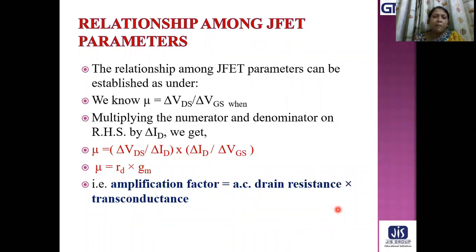Now if we multiply and divide by del ID, then mu becomes del VDS by del ID into del ID by del VGS. And we know del VDS by del ID is nothing but rd, and del ID by del VGS is nothing but gm. So mu equals rd into gm. It is proved. That is, amplification factor equals AC drain resistance into transconductance of the device at that particular temperature.